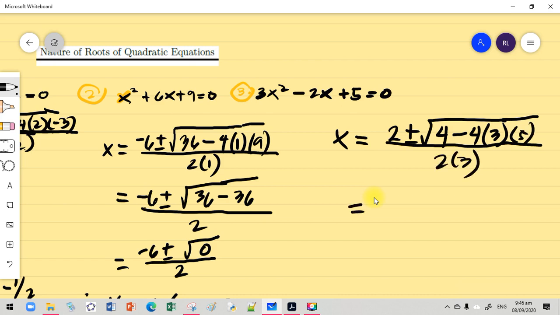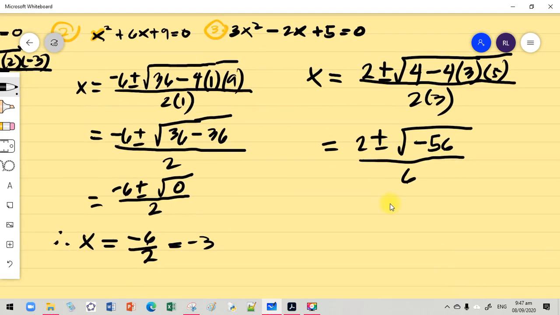Then we are left with 2 plus minus the square root of 4 minus 4 times 3 times 5, that is 4 minus 60, which is negative 56, divided by 6.